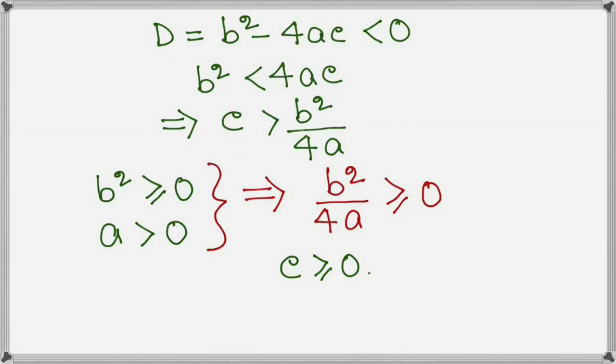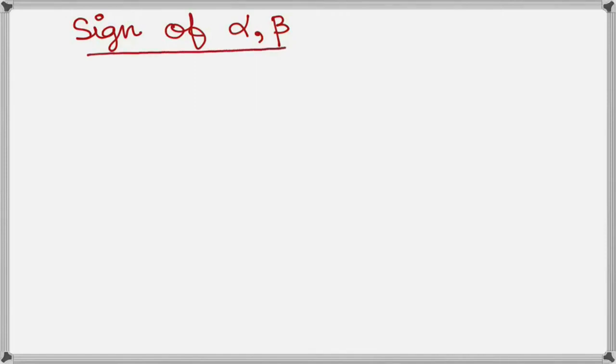Therefore we have completed seeing all the cases pictorially. One also studies the sign of the solutions alpha and beta when A, B and C all of them are real numbers.